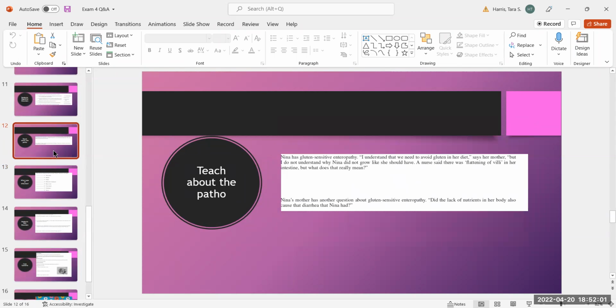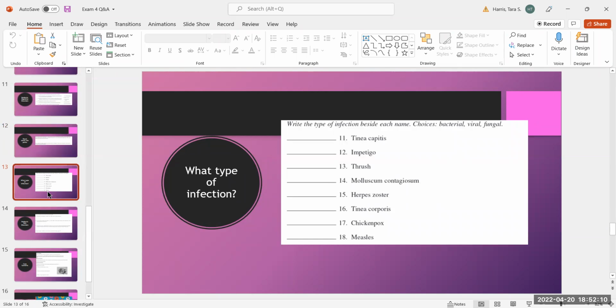We only have just a few more minutes, so I'm going to go through the slides a little bit and give you a little more detail on what you might see on the exam and some things you want to study for. As far as skin, you want to make sure that you are aware of different types of infections that can be considered bacterial, viral versus fungal.